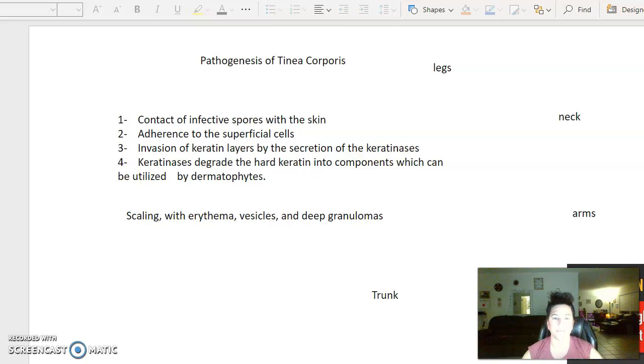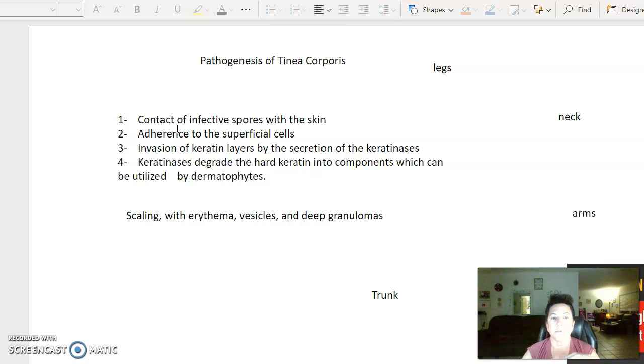And that's what makes the outward spreading papules that form the worm-like formation. So if we have skin-to-skin contact and it's hard for this fungus to penetrate the skin, we're looking for a portal of entry, right? When we have contact with this fungus, first, the infective spores are going to be on the skin.